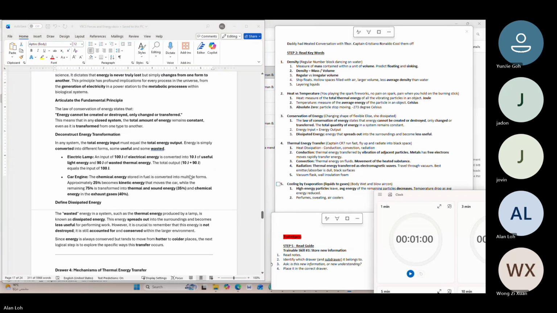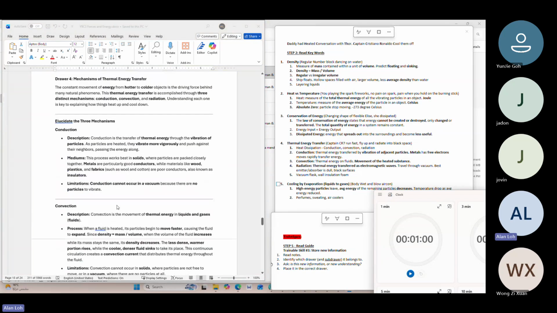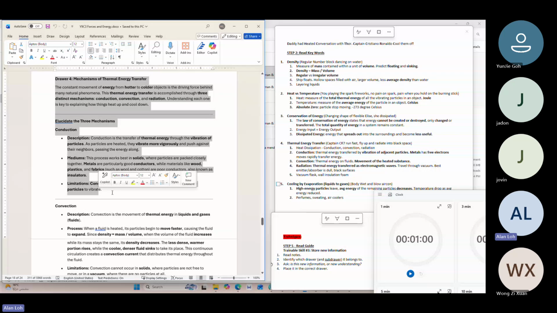Okay, drawer 4, almost there. Stay with me. Let's do the conductions for 30 seconds.